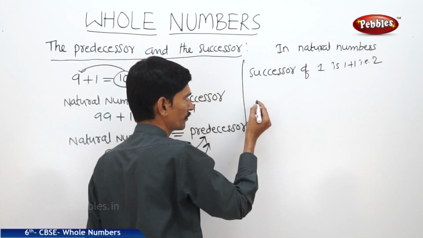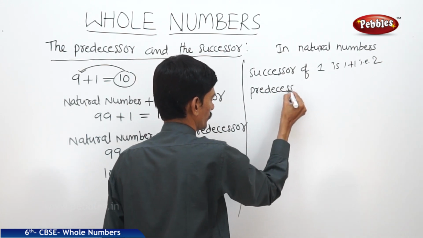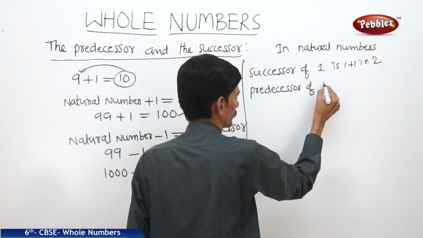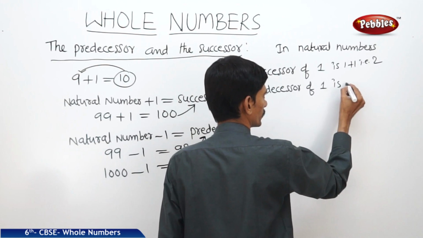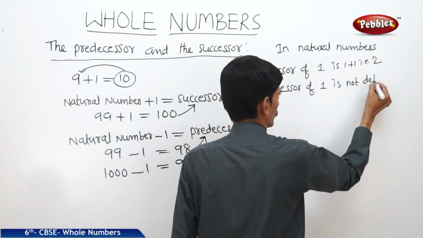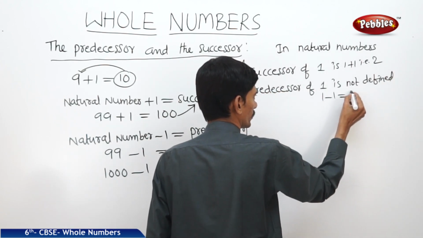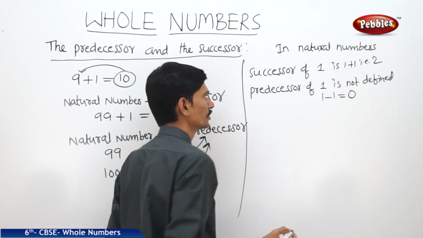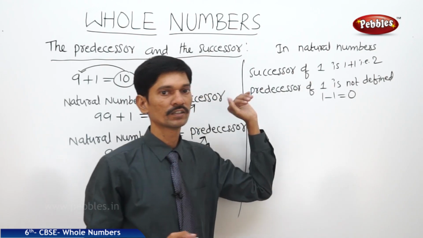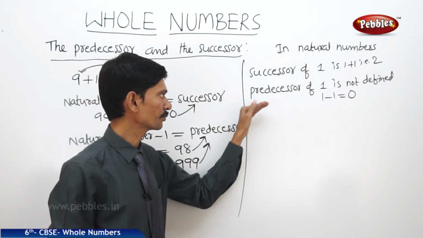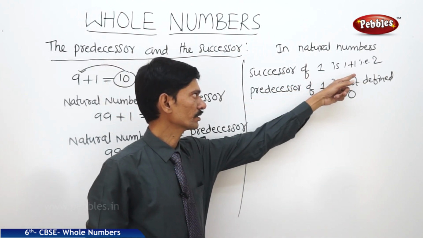And then what is the predecessor of 1? So the predecessor of 1 is not defined, because 1 minus 1 equals 0. But there is no 0 in the set of natural numbers. So the predecessor of 1 is not defined in the system of natural numbers. So there is no predecessor of 1 in the natural numbers. But the successor of 1 is 1 plus 1, that is 2.